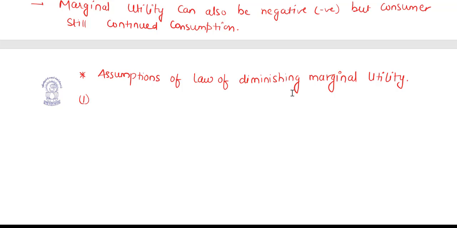The first assumption is that all the units of the commodity must be identical. Take notes. All the units of a commodity must be identical in size.